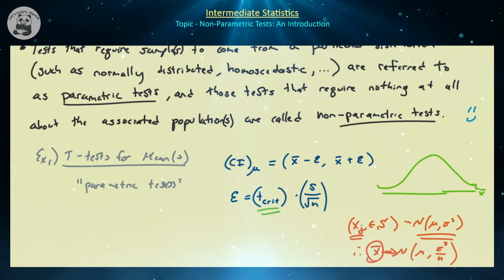And if we take the z-score of that x bar, then this distribution is going to be a standard normal if we know sigma, and a t-distribution with n minus 1 degrees of freedom if we don't. Right? So that's why we use a t-distribution, generally speaking, because we're assuming that our sample comes from a normal distribution, or that our sample size is large enough so that we can employ the central limit theorem to approximate the distribution of what that is.